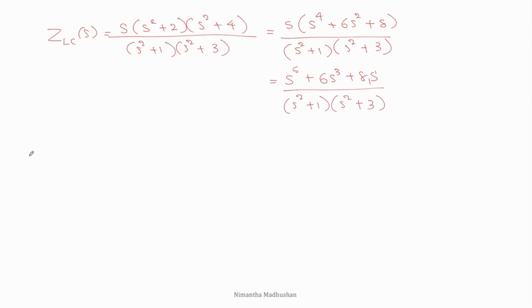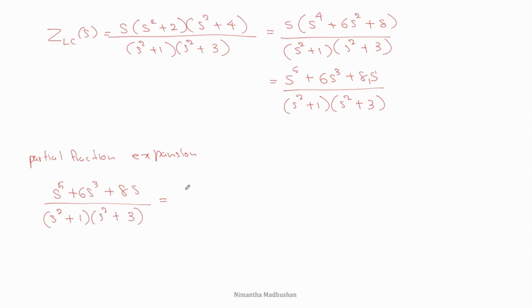Then for the partial fraction expansion, we write (s to the power 5 plus 6 s to the power 3 plus 8s) over (s squared plus 1)(s squared plus 3). In this function, the maximum power of the numerator is 5 and the maximum power of the denominator is 4.